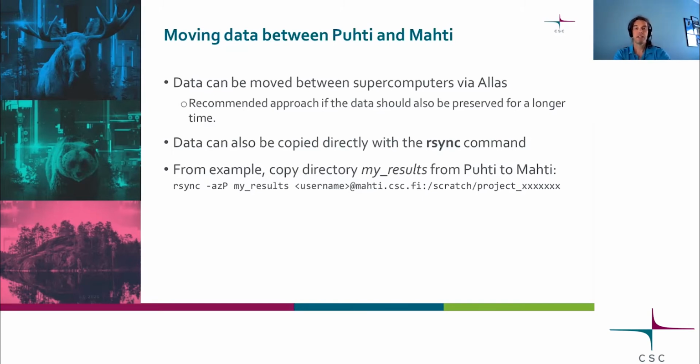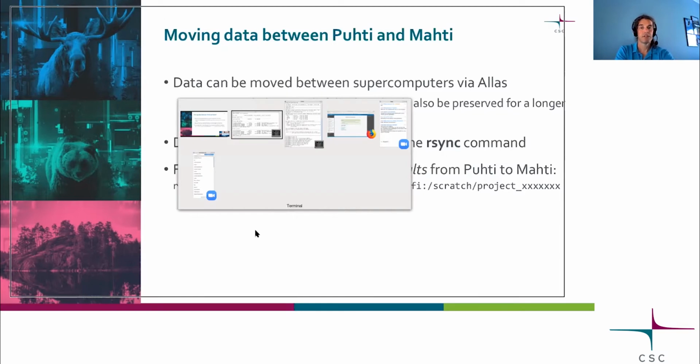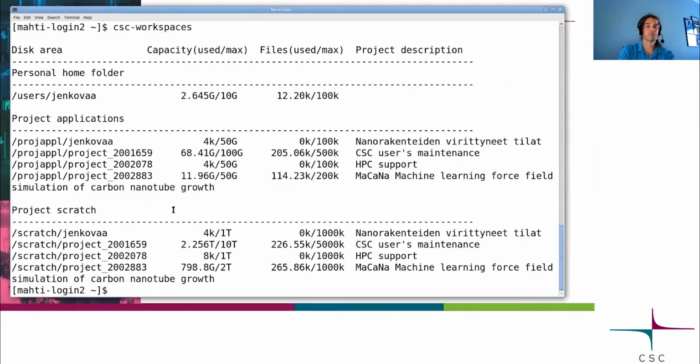You can find some examples for the rsync also in the docs. I can just look at an example here. So I'm now in Mahti. I can go to my scratch directory.